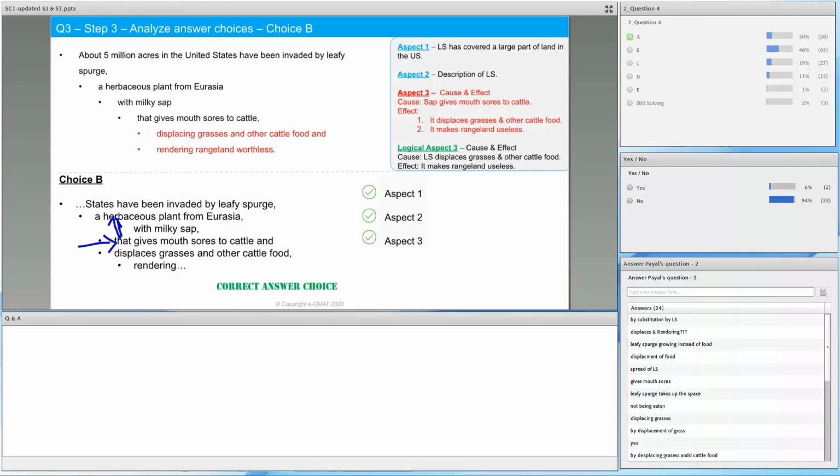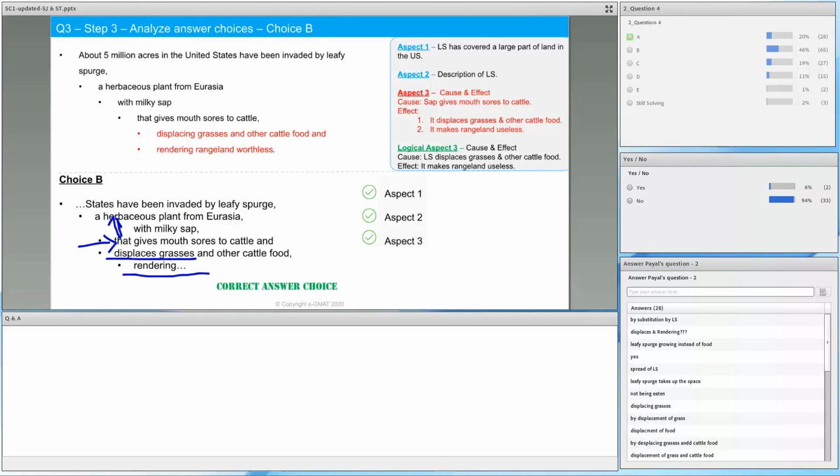Then what the sentence is saying, that gives mouth sores to cattle and displaces grasses and other cattle food. Now remember, when we did our meaning analysis, we could logically understand that yes, it is the leafy spurge that displaces grasses. Okay, so herbaceous plant is equal to leafy spurge. So yes, this also makes sense, that the herbaceous plant, which is leafy spurge, displaces grasses. Okay, so this part of the sentence is also fine.